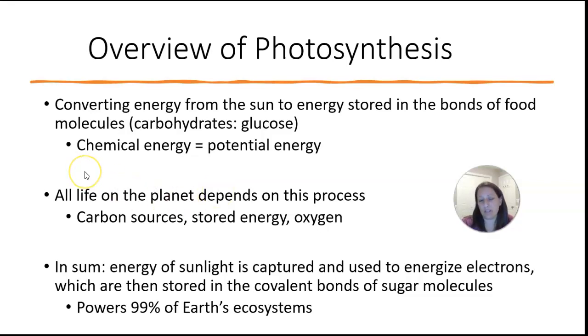So what's going to happen in this process is carbon from the atmosphere in the form of CO2 gets captured by photosynthetic organisms and made into, again, molecules like glucose, right? So organic molecules. And so not only is it a stored source of potential energy, it's also our source of carbon.